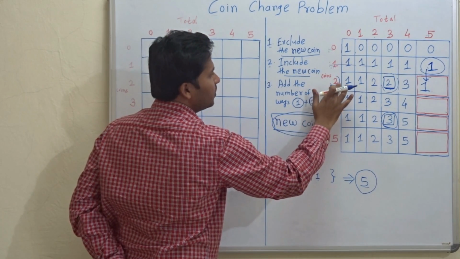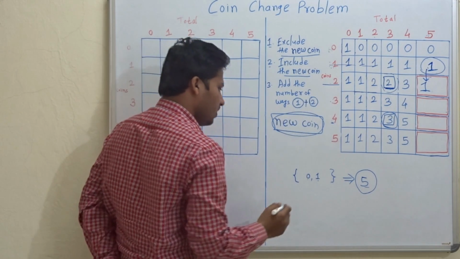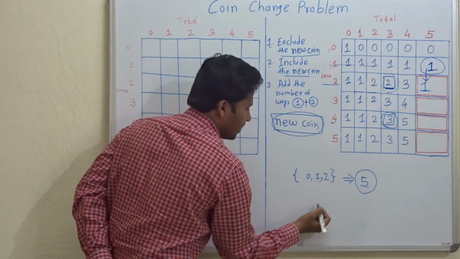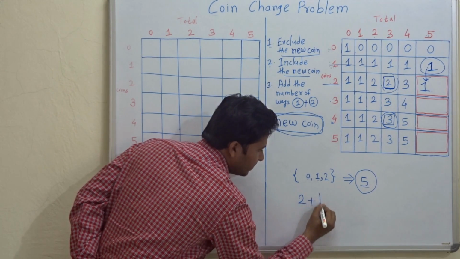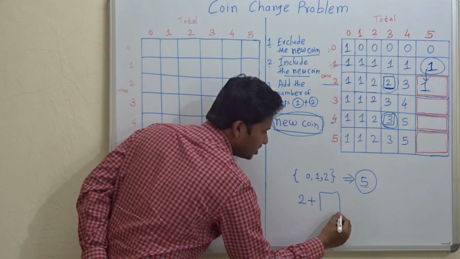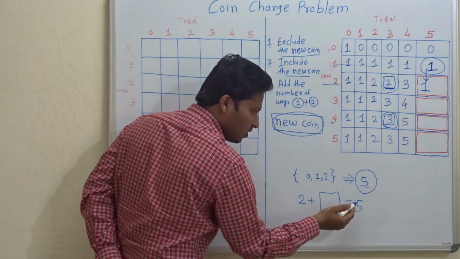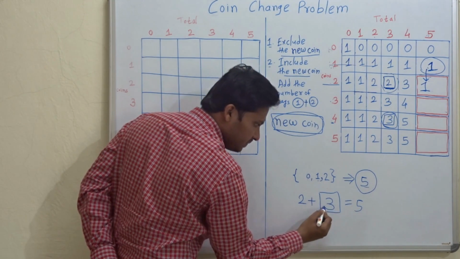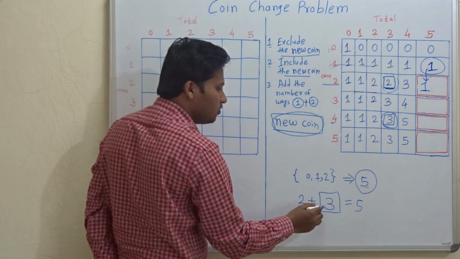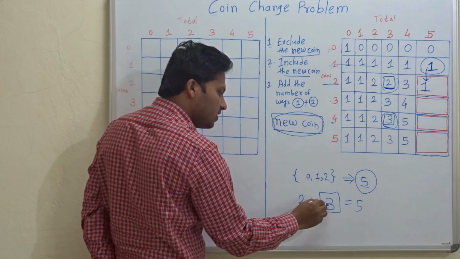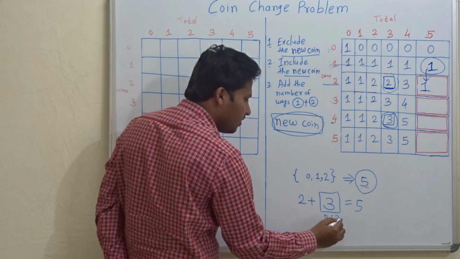Now the second step: include the new coin. We include this coin in the set, and if we use the coin of denomination 2, then the remaining amount to make a total of 5 is 3. So the problem drills down to forming a total of 3 by using coins of denomination 0, 1 and 2.